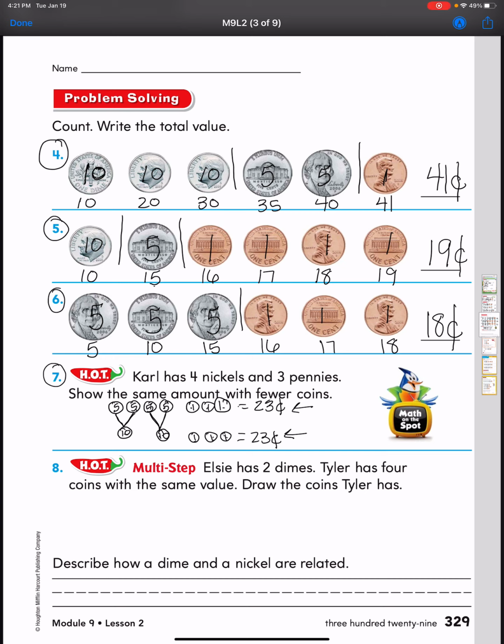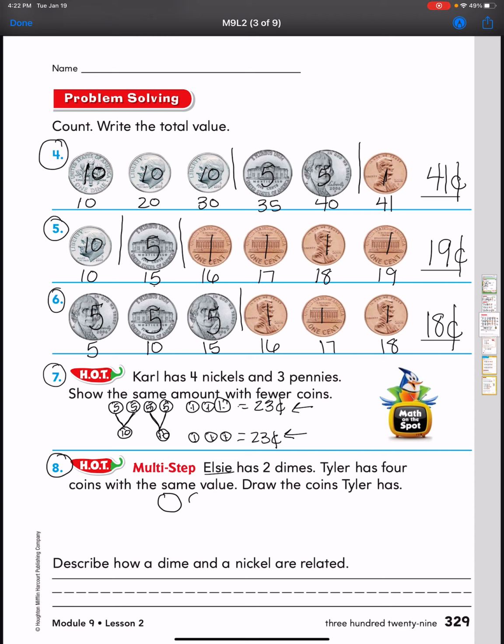All right. And let's see, our number 8. It's another HOT problem. Elise has 2 dimes. Tyler has 4 coins with the same value. Draw the coins that Tyler has. So I'm going to draw what Elise has to start with.